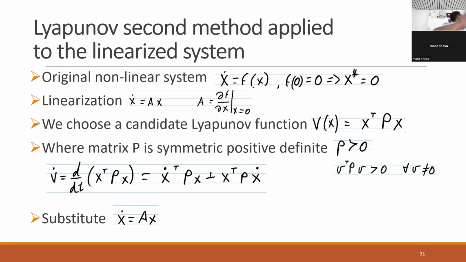Then the linearization of this dynamical system is x dot equals Ax, where A is the derivative of f with respect to x when we substitute x star. So we substitute x equals 0 because x star is 0. Okay?